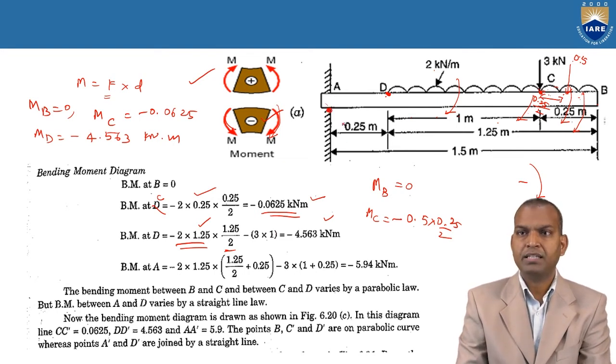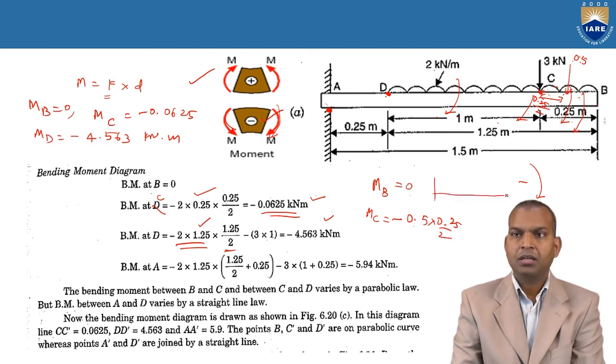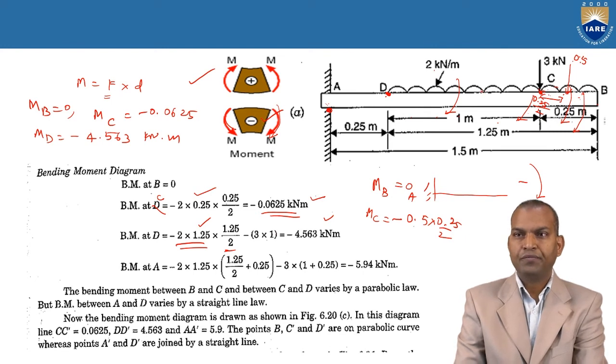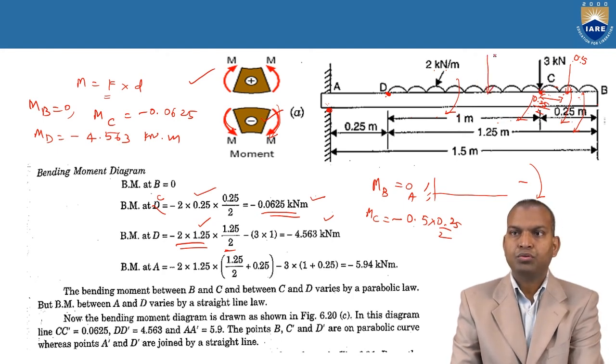Yeah, coming to bending moment at A. What is bending moment at A? Now again, this total UDL is acting. What is the total load of UDL? 2 into 1.25 meters. That is the total load.